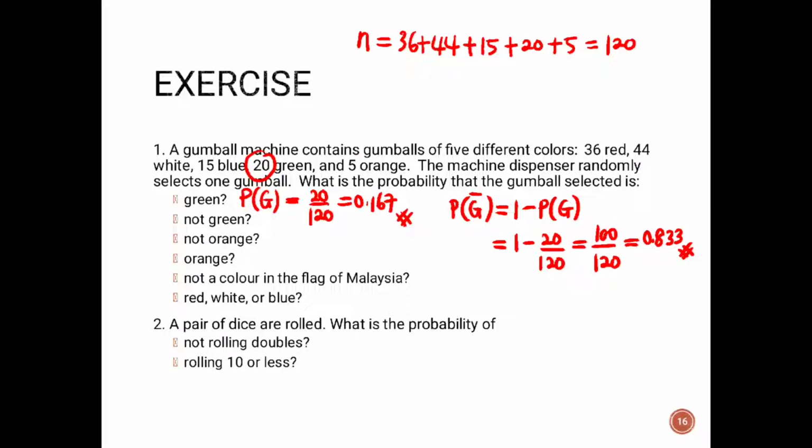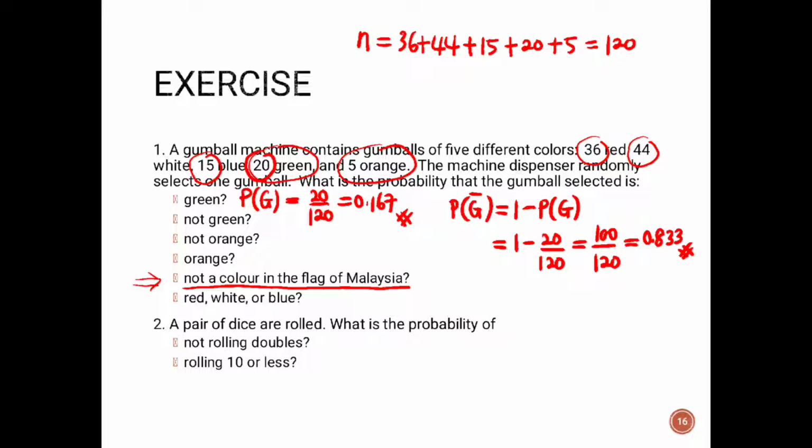Okay, what about not a color in the flag of Malaysia? The colors in our flag are red, white, and blue, so that's the color that we have in our flag. So for this question, we should consider the probability of getting a green or an orange.